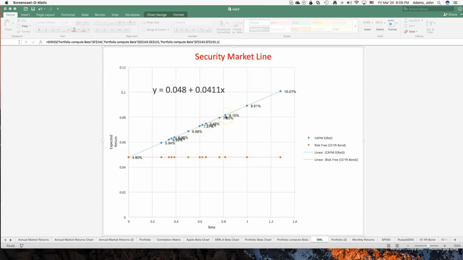And what the capital asset pricing model says is that at equilibrium, in other words, there's no new information to drive stock prices, the expected returns for all securities will fall exactly on the security market line.